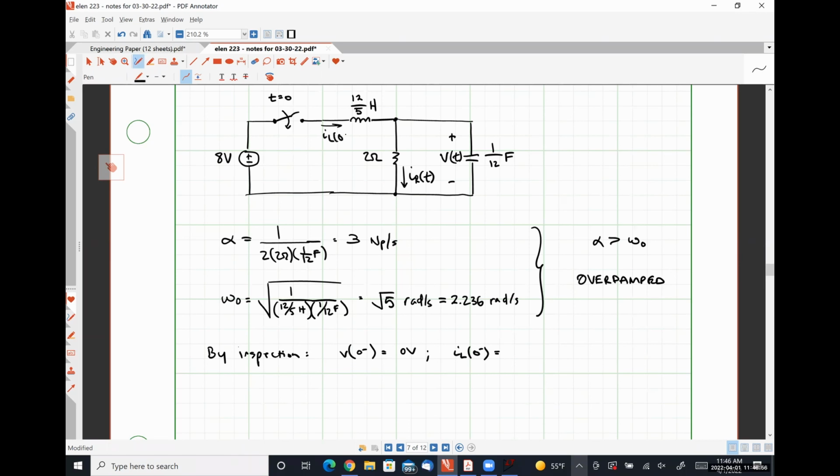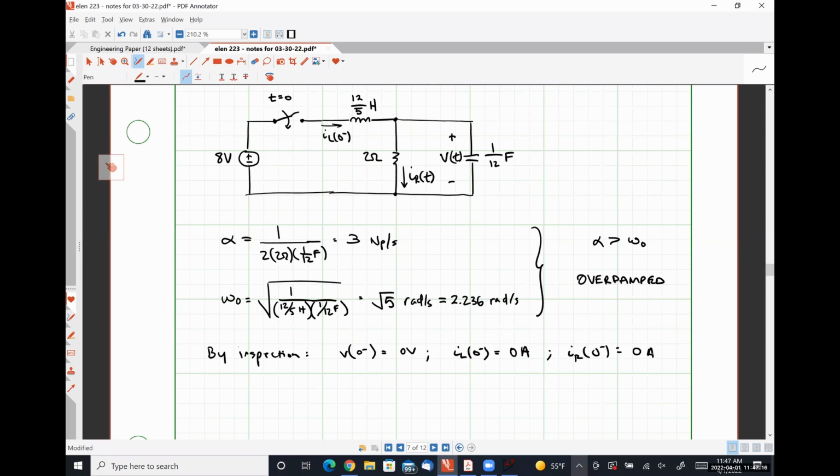Here's IL at 0 minus. We know that it's 0 amps. And IR, for what it's worth, is also 0. We don't actually have to keep track of any of the resistor quantities whatsoever because we're just going to use other things to get it at the end.